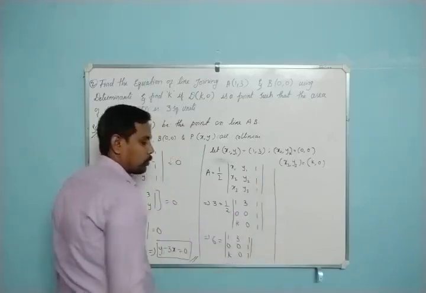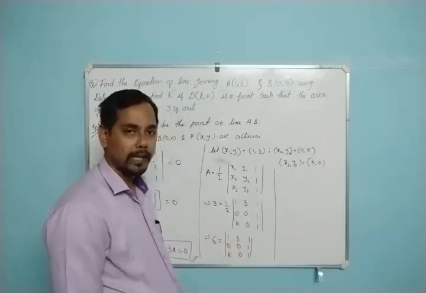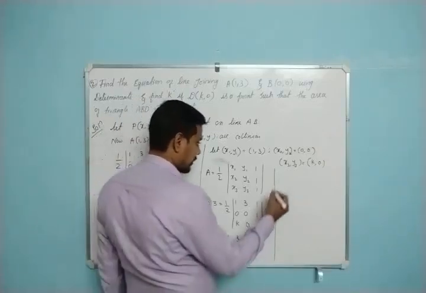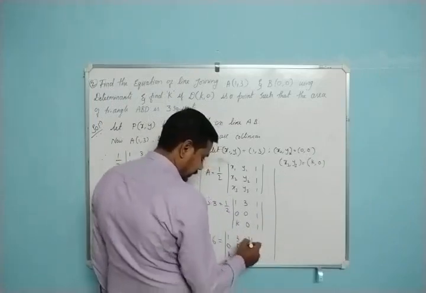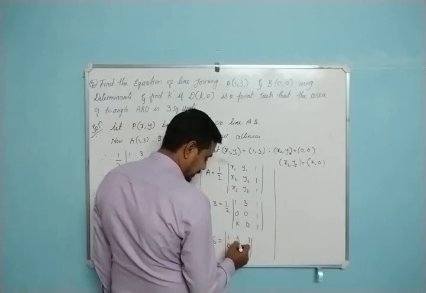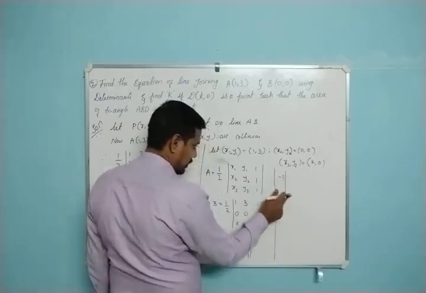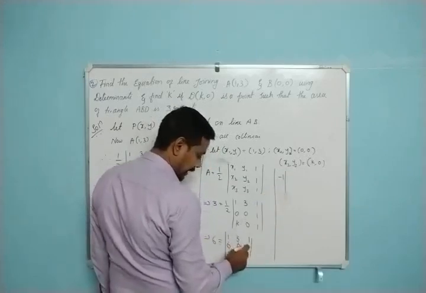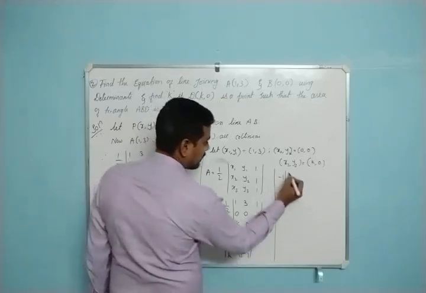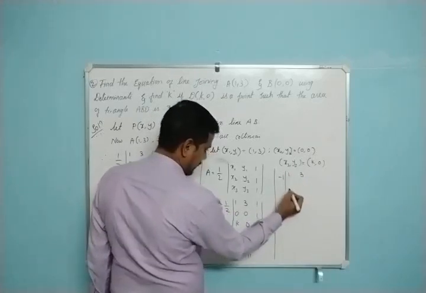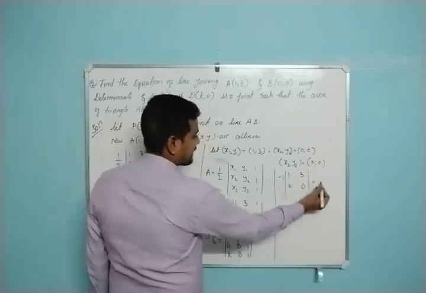Now once again expand it through the second row. What do we get? This is minus plus minus. So minus 1 into the determinant value here. This entry is in the second row and third column, so leave the second row, third column. What remains? 1 3 k 0 is equal to 6.